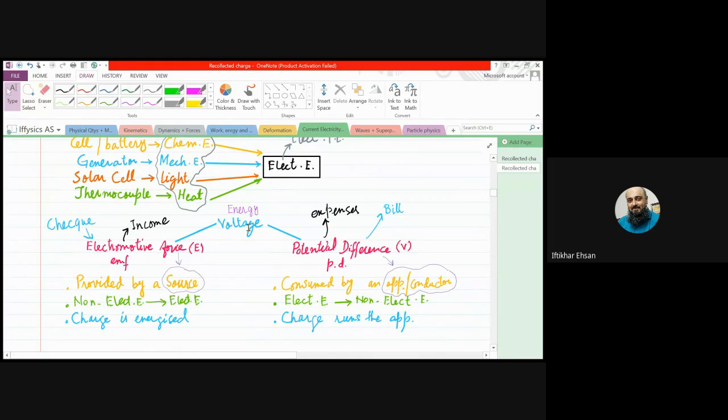The voltage which is provided by a source of current is called EMF. Like if we see 12 volt, what does the battery provide, right? But if it is written 6 volt on a bulb, do you think the bulb will provide you 6 volt or it will consume the 6 volt?